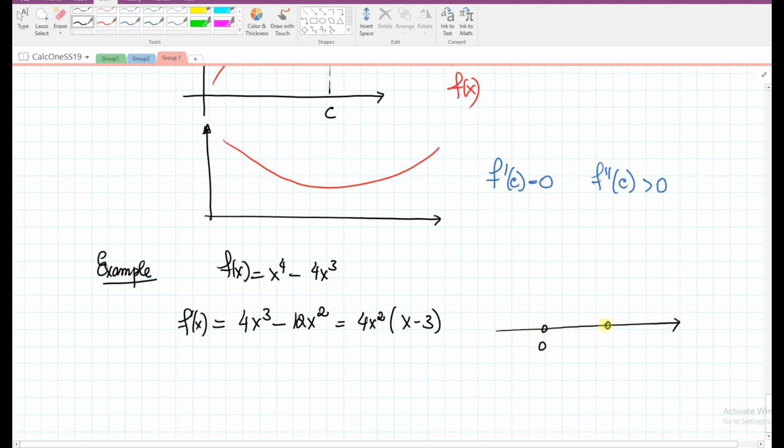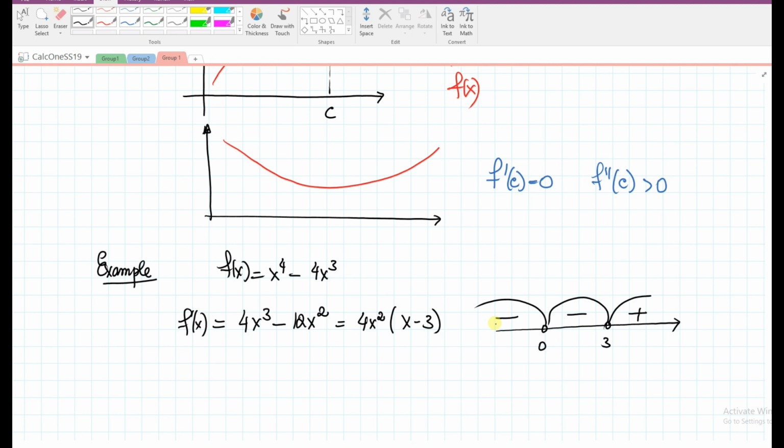So the points are 0 and 3. For all the points more than 3, this function is positive, plus. For all the values between 0 and 3, for example if you choose 2, this is minus. And for all the points which are less than 0, this is minus again, because there is a square here.